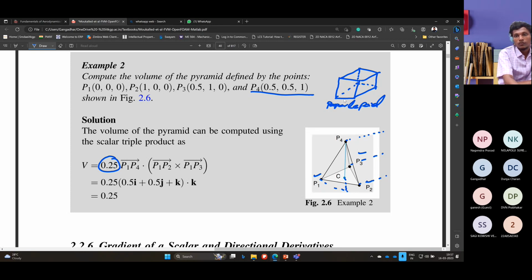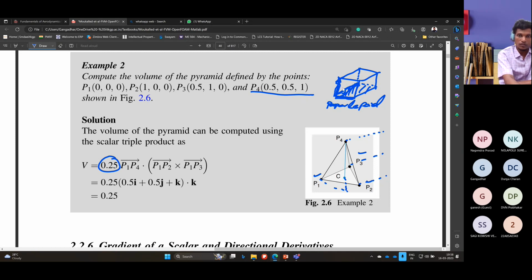First, you need to calculate the area of the bottom face by this vector and this vector, just as we did previously. Once you calculate the area based upon these two vectors, just keep the area. Now we found the area. Then you need to find another vector in the volume direction. It need not be perpendicular to this plane.